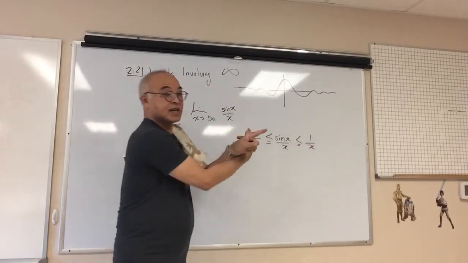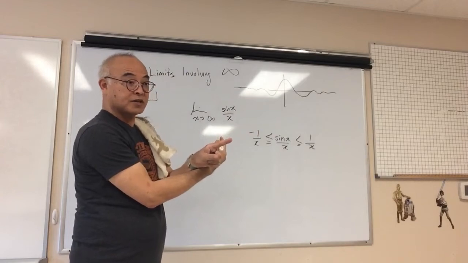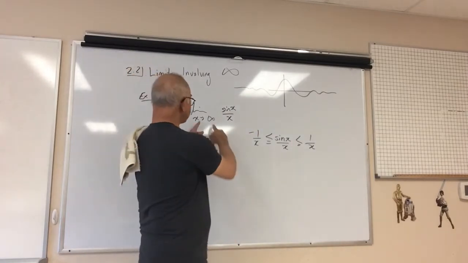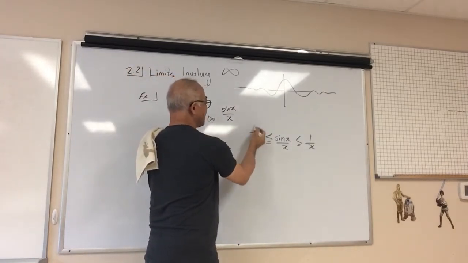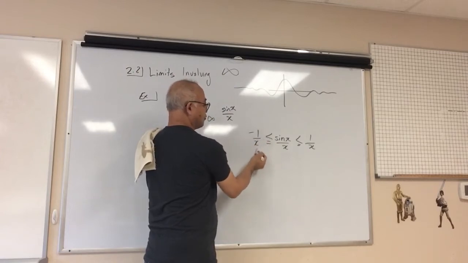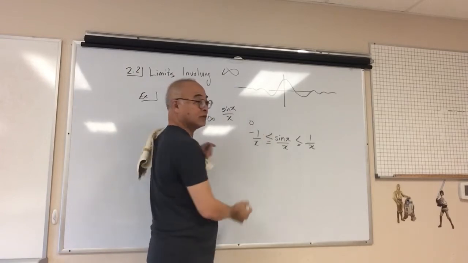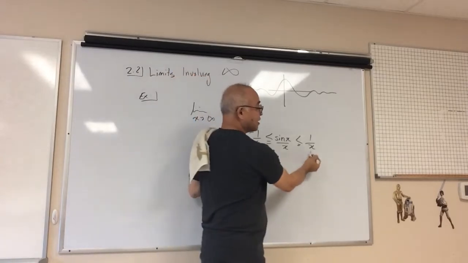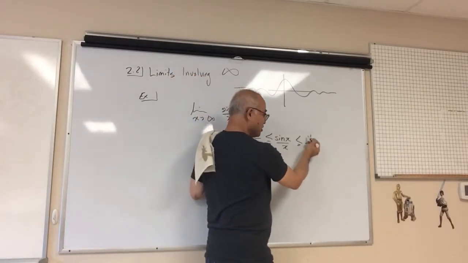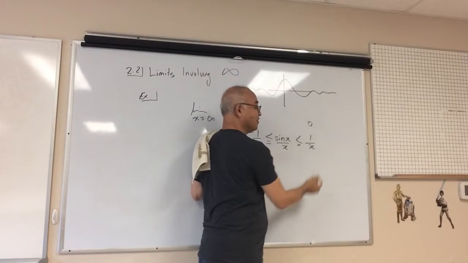So I don't have to switch signs. So as x goes to infinity, what happens to this guy? Negative, really, really small. What happens to this guy? Equally small, really, really small. It's squished between the zeros.